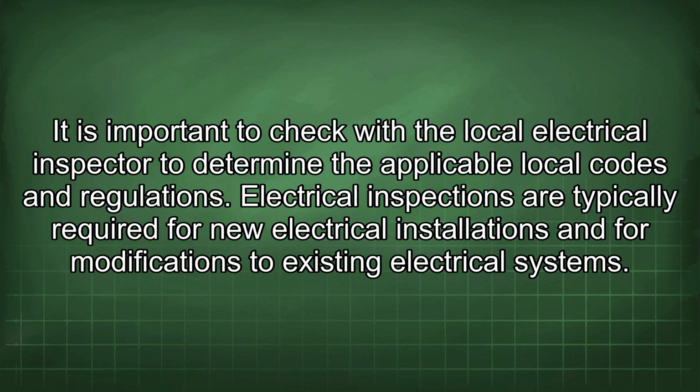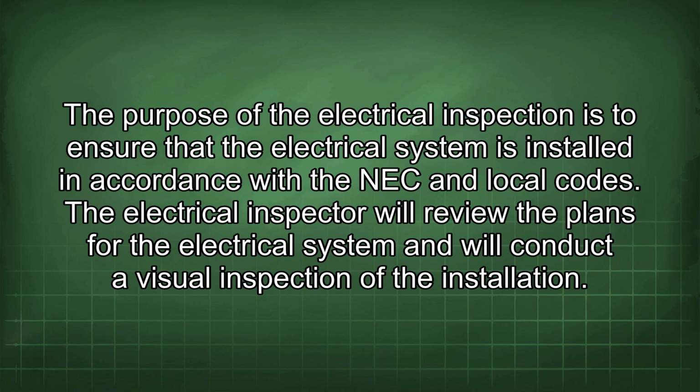Electrical inspections are typically required for new electrical installations and for modifications to existing electrical systems. The purpose of the electrical inspection is to ensure that the electrical system is installed in accordance with the NEC and local codes. The electrical inspector will review the plans for the electrical system and will conduct a visual inspection of the installation.